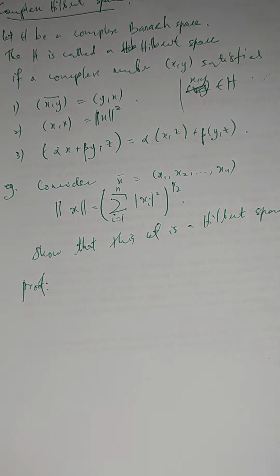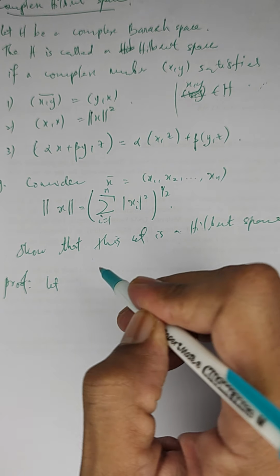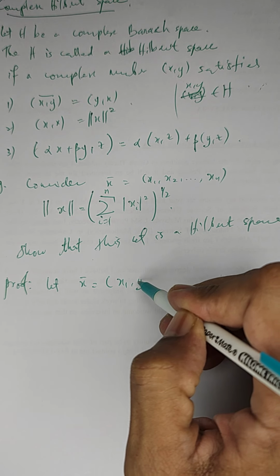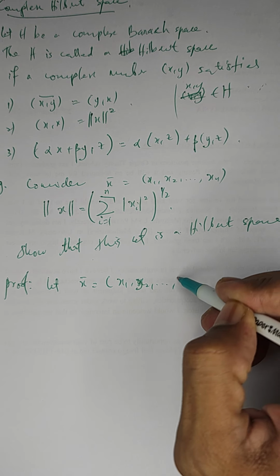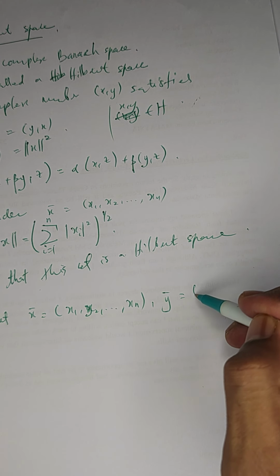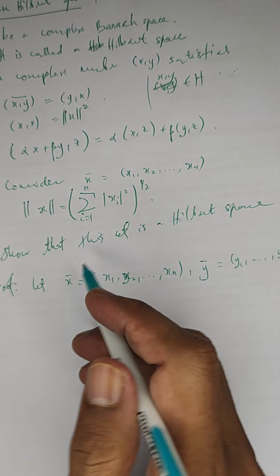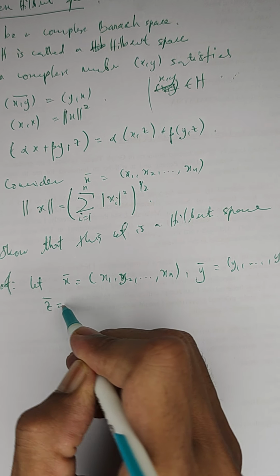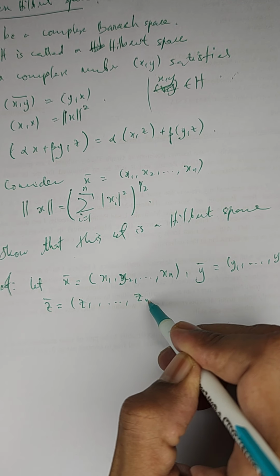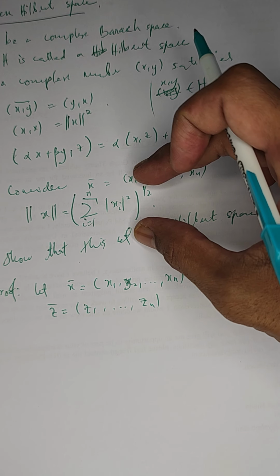Okay, so let's say our x is given as x1, x2, up to xn, and y is given as y1 up to yn, and z with z1 up to zn, and each of these x, y, and z satisfies that condition.